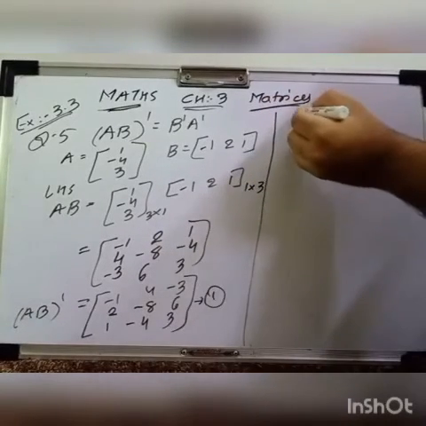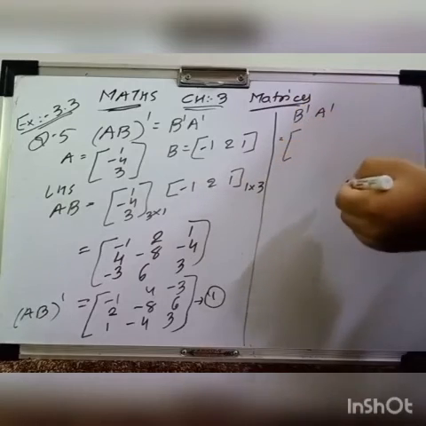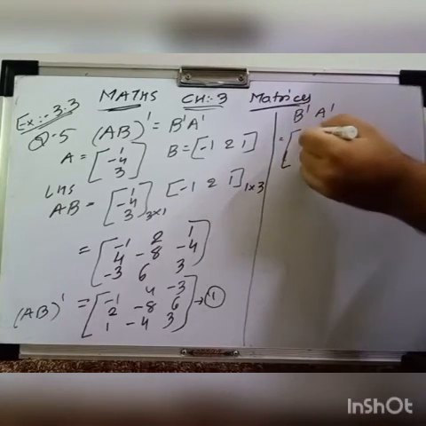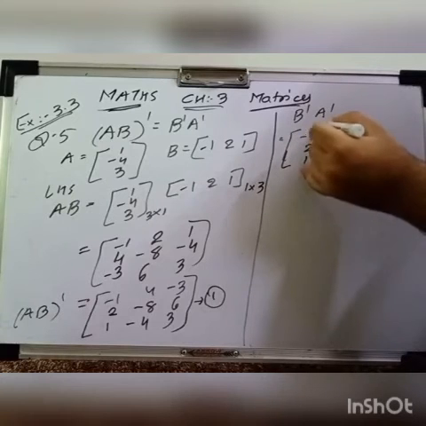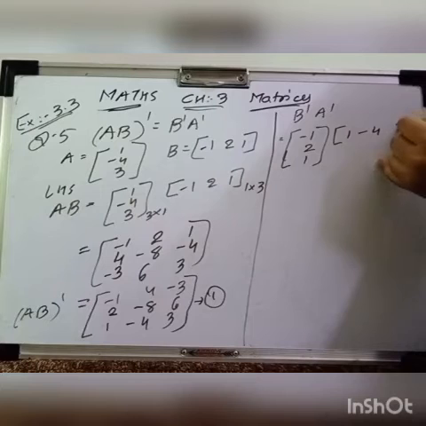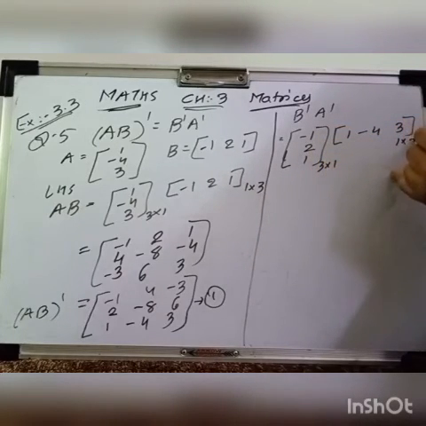Now let's try to find B transpose into A transpose. I will note down my B transpose minus 1 2 1 into 1 minus 4 3, right? So this is again a 3 cross 1 matrix, and this is 1 cross 3 matrix.